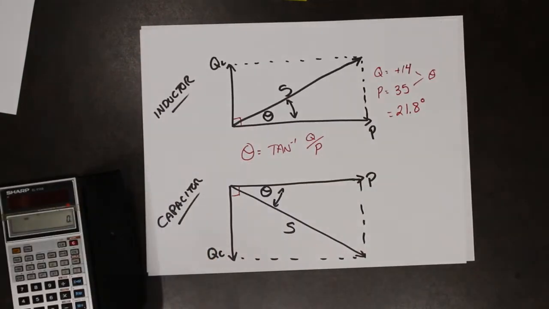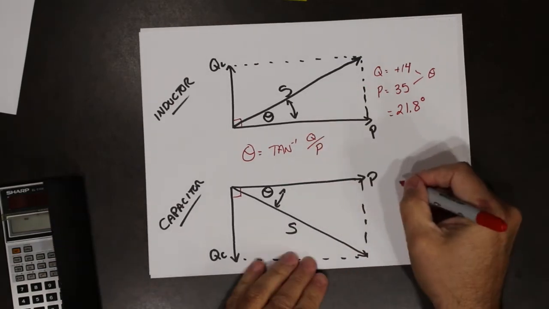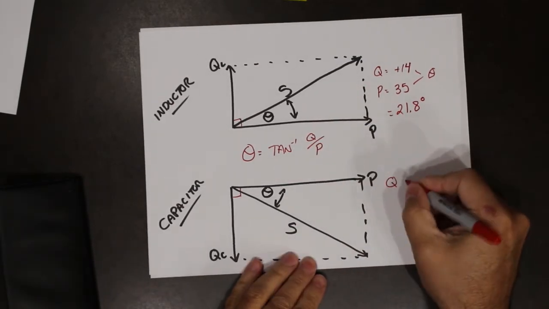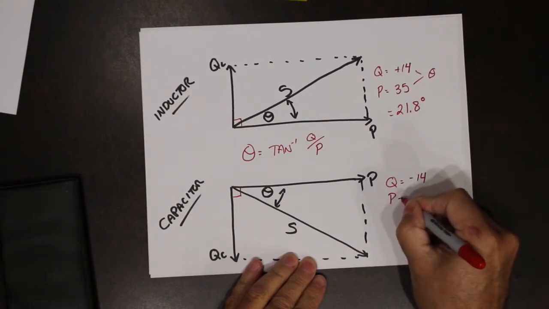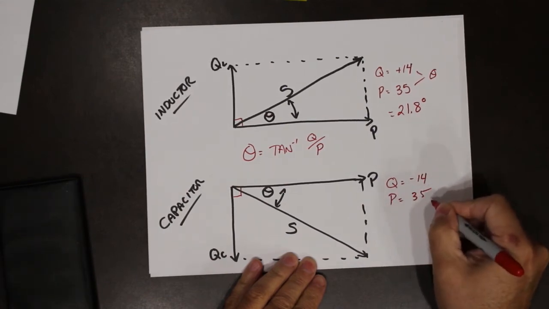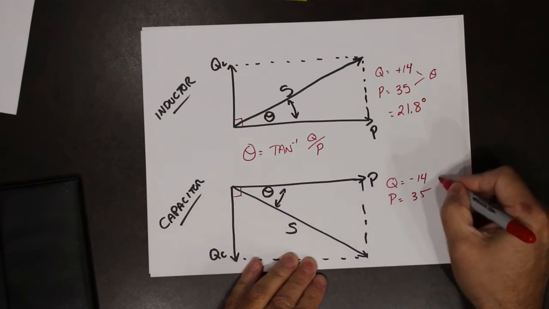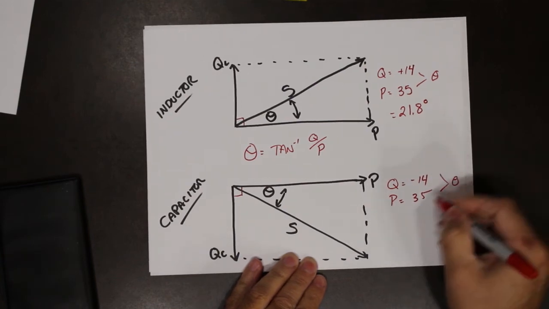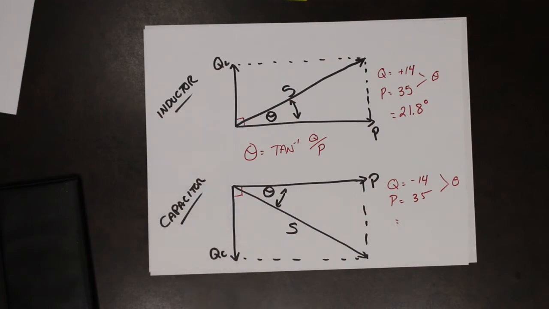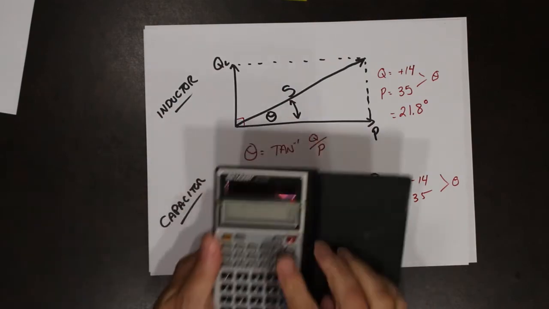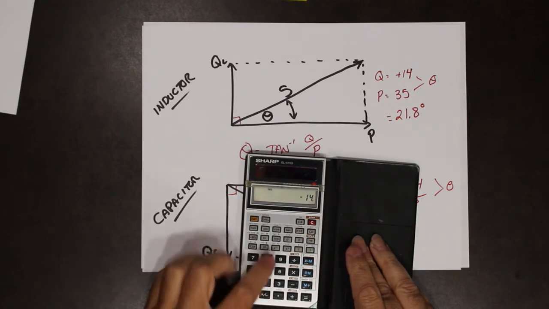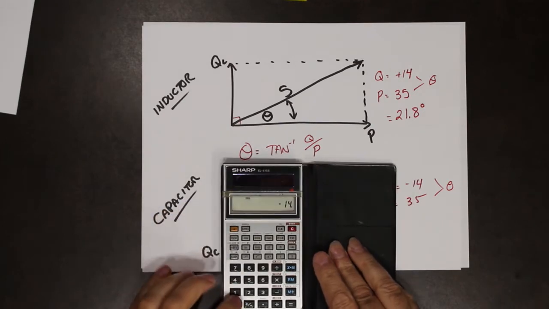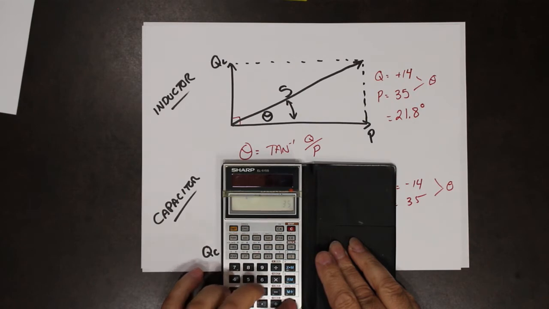If we do this side, we know that we have a negative going Q. So let's say Q is going to be negative 14. P again, 35. So we're looking for the phase angle. So bring up the trusty calculator, 14 on the negative side divided by 35.